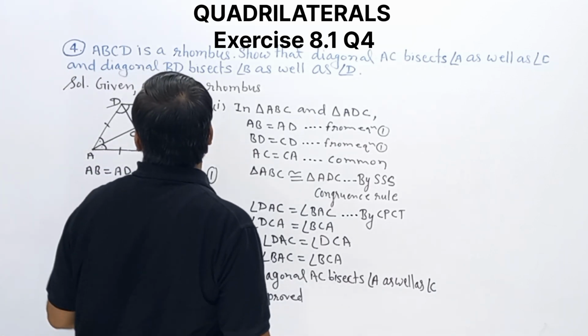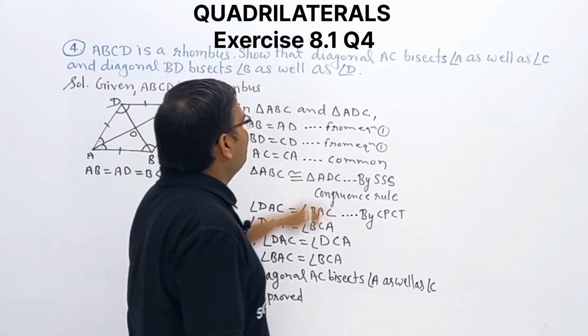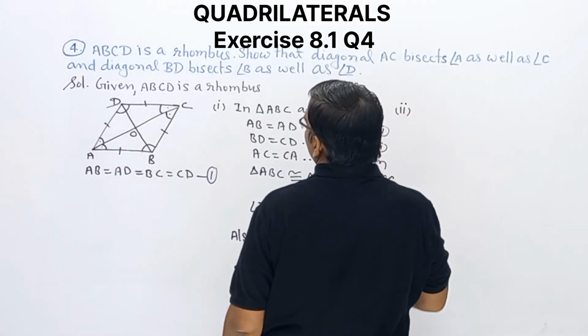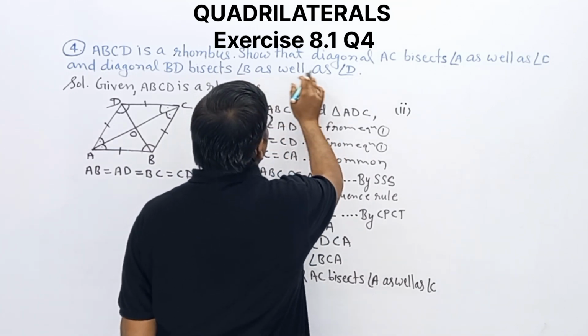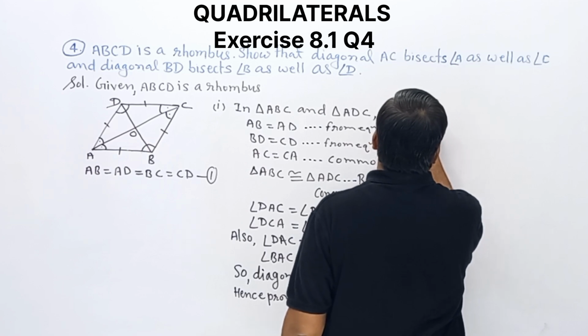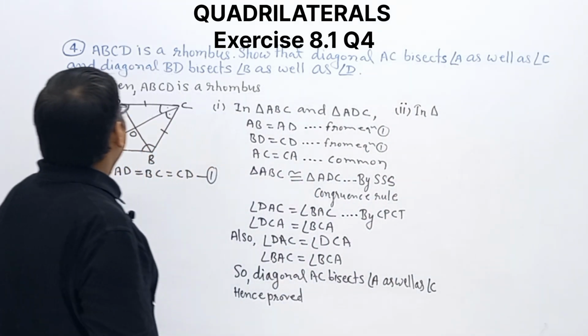Now another thing we want to show: diagonal BD bisects angle B as well as angle D. To prove this one, we are taking two triangles. What triangles?